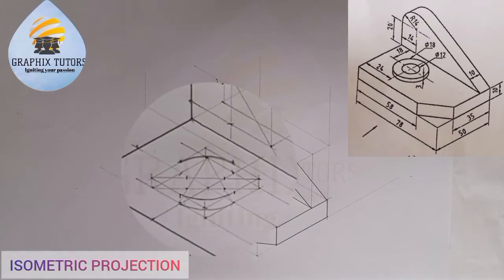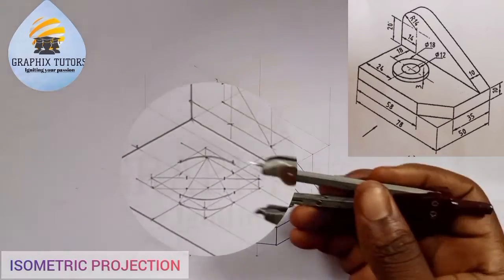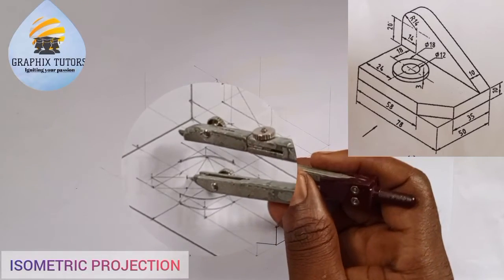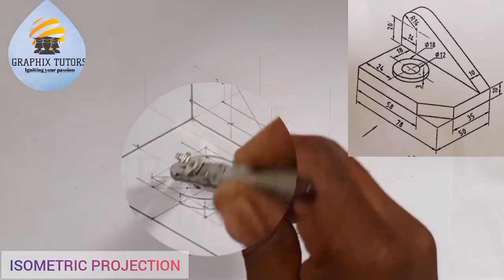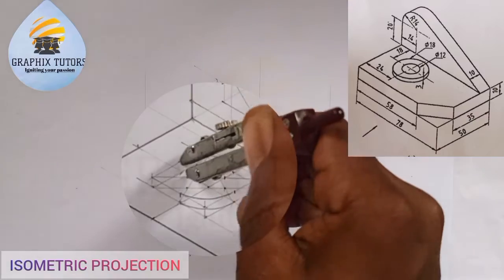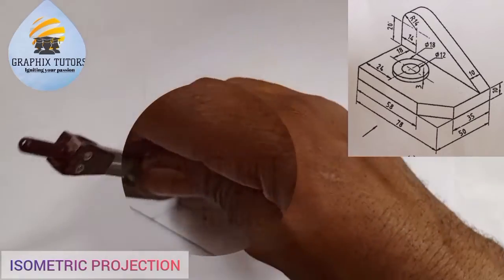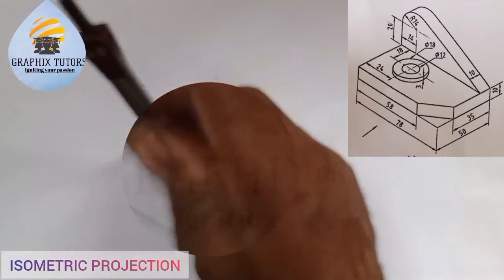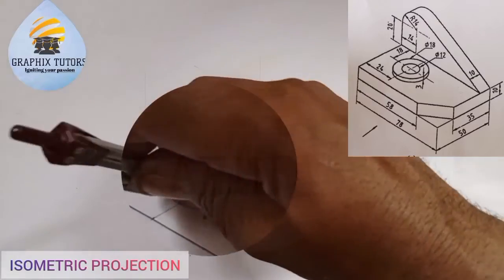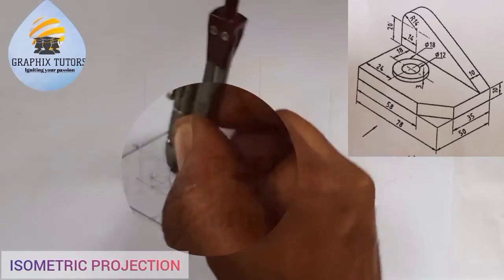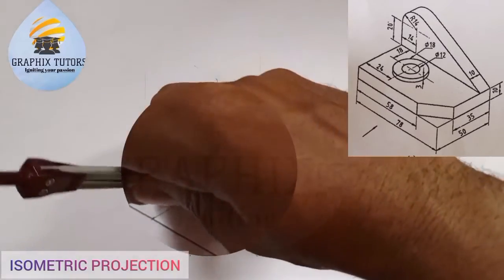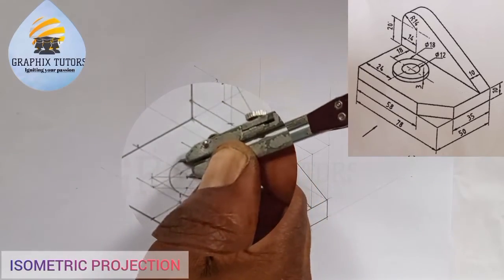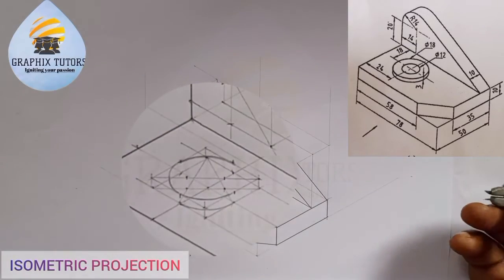So from that point, look at what I want to do now. From the top here, I'll draw a line that will connect these two, right? This way. You can see that?